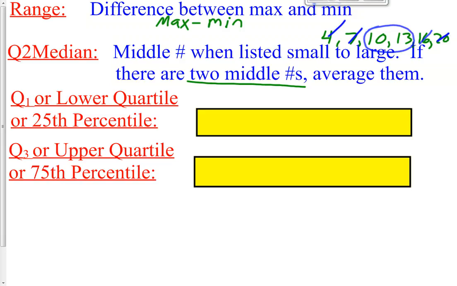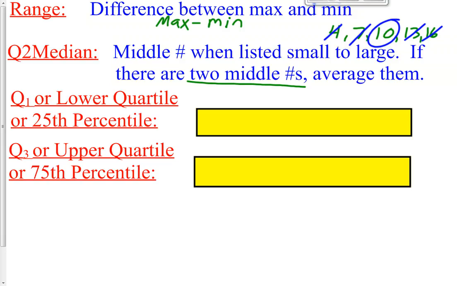If there's an odd number of data entries, let's just say for example that we took out this 20. If there's an odd number of data entries, you will not need to average. The 4 and the 16 go, the 13 and the 7 go, so the 10 is the median, or it's Q2.